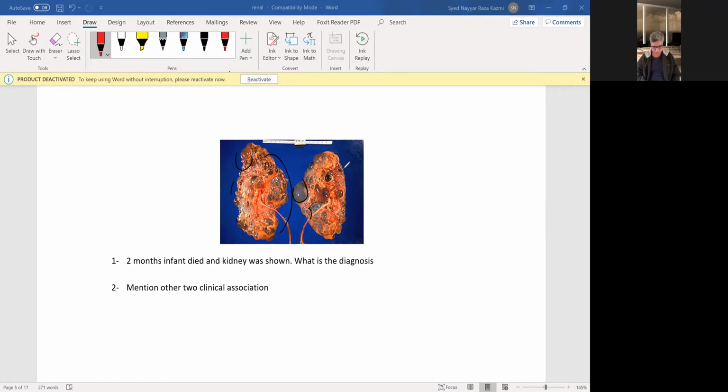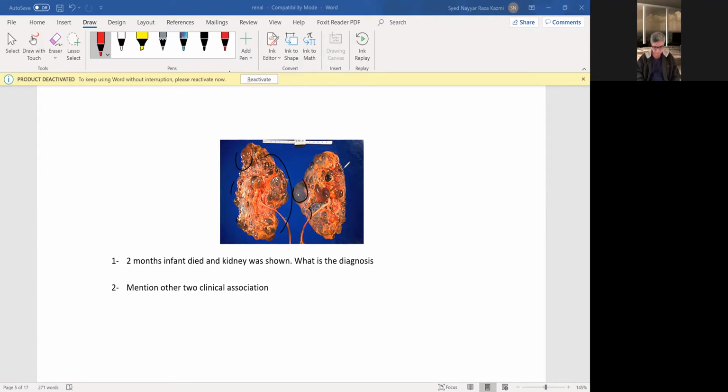Mention two other clinical associations. This is usually associated with renal dysgenesis, and it is also associated with hematuria and hypertension.